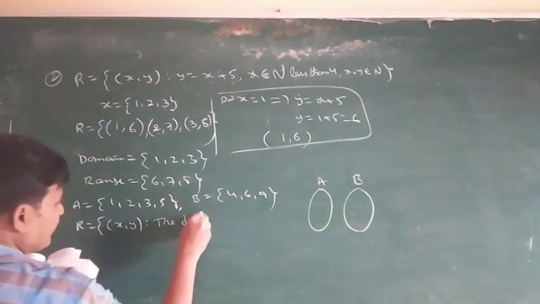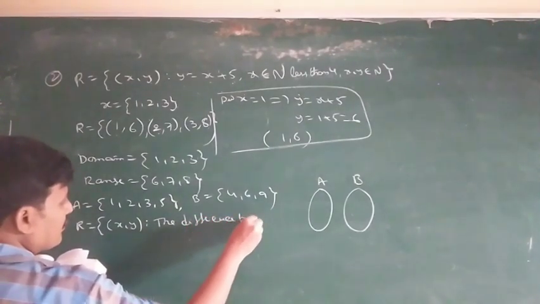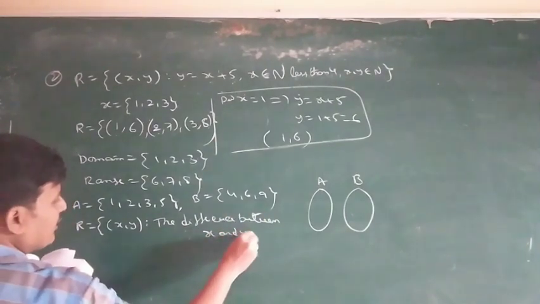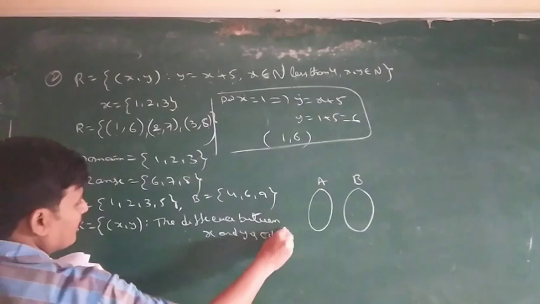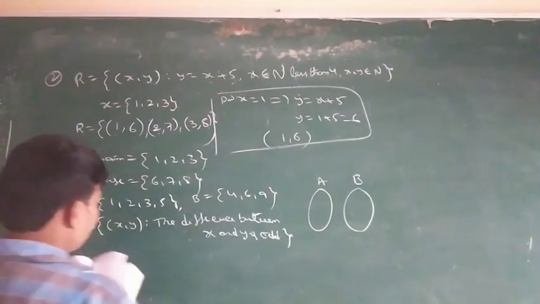The difference between x and y is odd. The difference between x and y means minus, so x minus y.